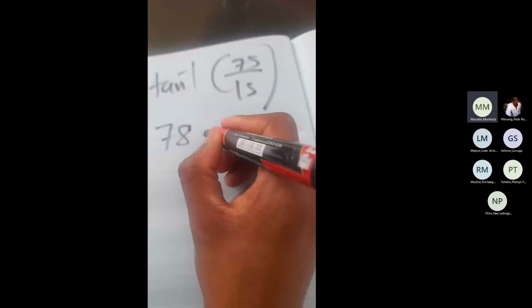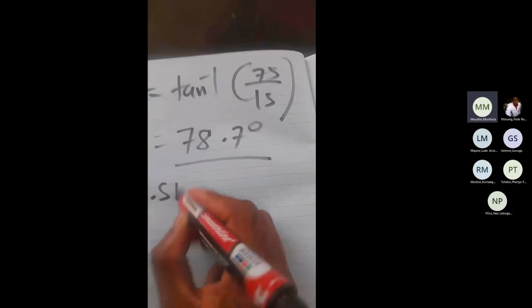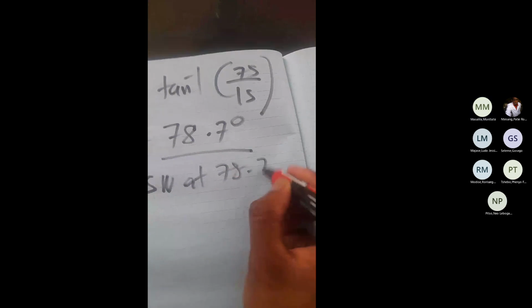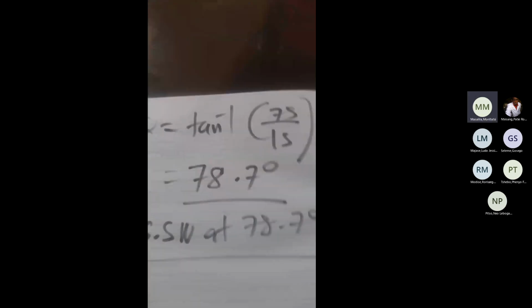So our answer is 76.5 Newton at 78.7 degrees. That's our answer.